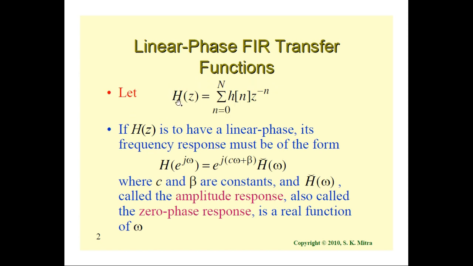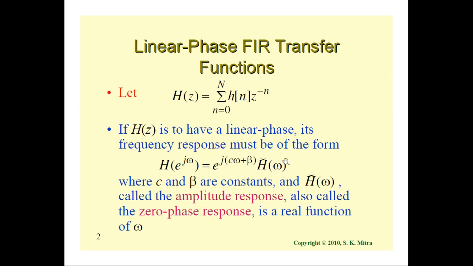Now if we require that this FIR filter has a linear phase, then its related frequency response must be of this form as shown here, where the frequency response is written as a product of an amplitude response times a phase response.